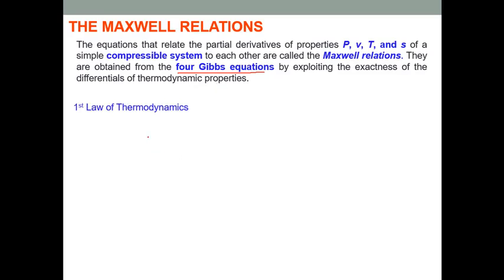Now let's start with the fundamental first law of thermodynamics. We know that from the first law, dq is equal to dw plus dU. Let's say this is equation 1. And from the second law of thermodynamics, if we assume that there is no entropy generation, then the change of entropy is equal to dq by T. From here we can obtain dq, which is equal to TdS.